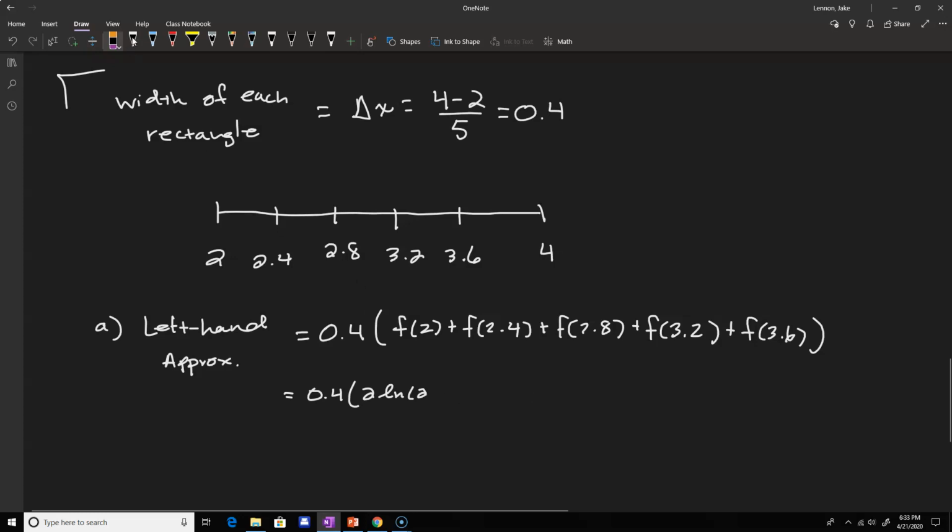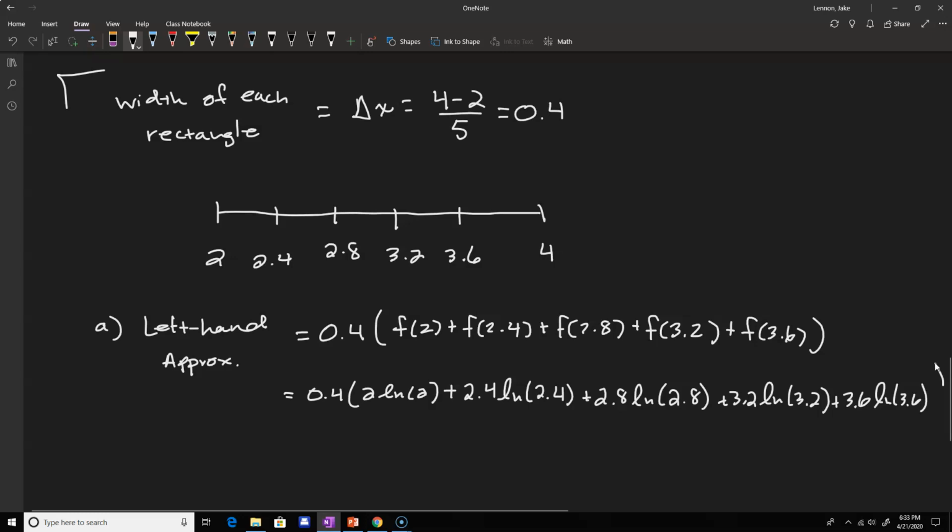Let me see if I can make that a little neater. 2 natural log of 2, and then plus 2.4 natural log 2.4 plus 2.8 natural log 2.8 plus 3.2 natural log 3.2, and then our last one plus 3.6 natural log 3.6. So you can type that all into your calculator to get an approximation. And when I do so, it comes out to 5.88 if we round to 2 decimal places.